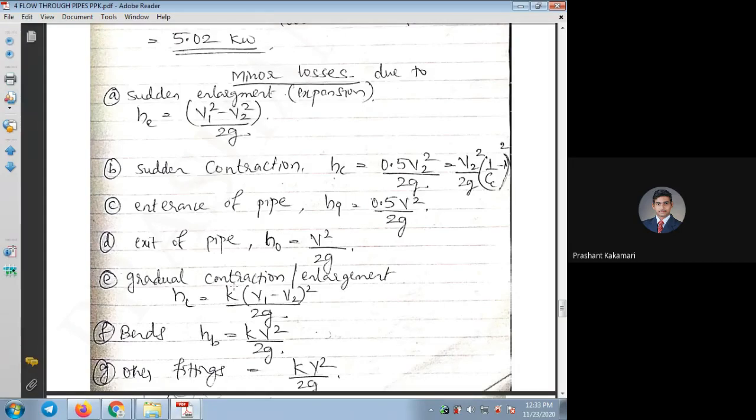If you take contraction, V1 is for the larger diameter pipe and V2 is for the smaller diameter pipe. If you take the reverse, sudden enlargement, then V1 becomes the small pipe velocity and V2 becomes the flow in the larger diameter pipe. So K into (V1 minus V2) whole square divided by 2G, if you take that, one can find the head loss due to friction for the gradual contraction or enlargement.